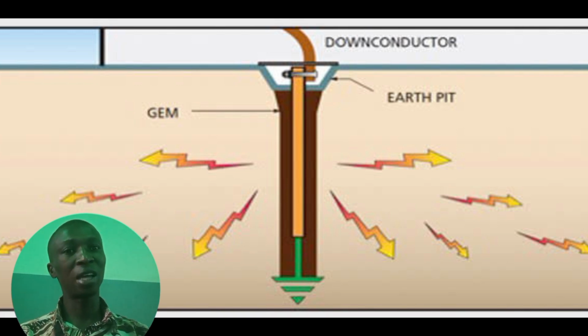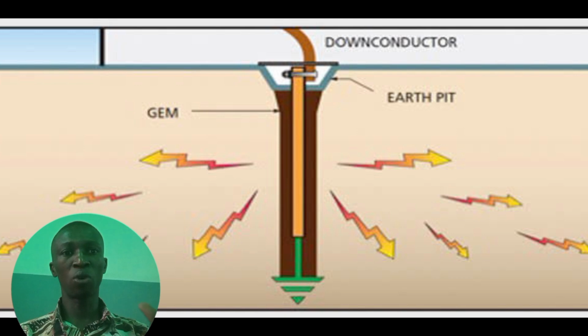I know the earth is an equal potential surface, but what I'm saying in essence is that because you are using some chemical substance, or probably things like electrolytes, salt and the rest of them, in order to reduce the resistivity between the earth and your earth rod, it means that these things can sometimes drift into each other through some chemical reactions in the soil. So that's why I say they should be far apart.